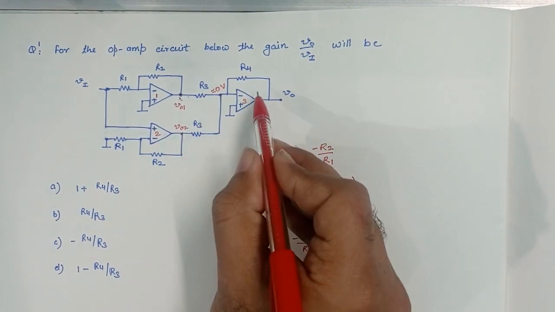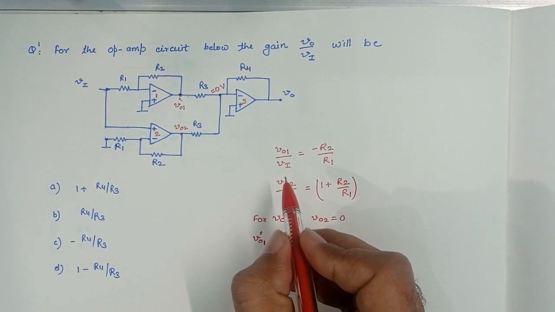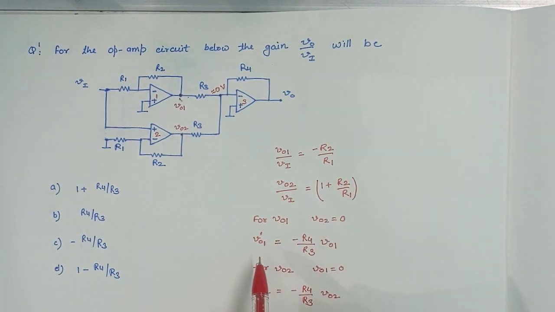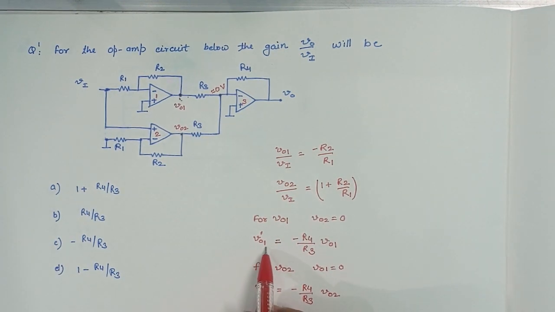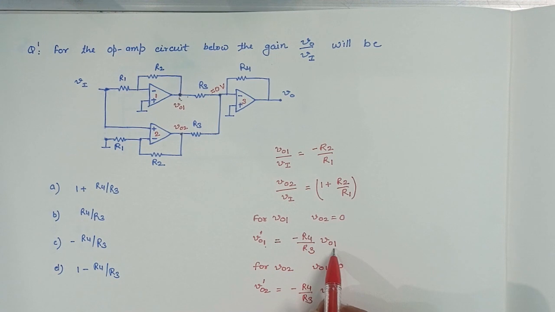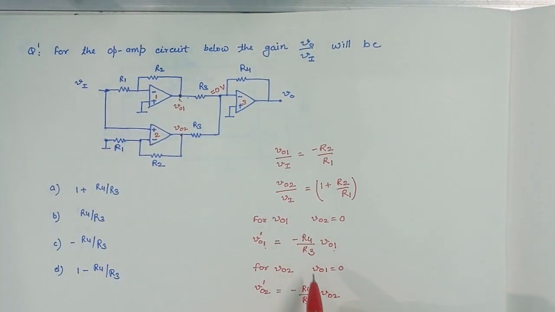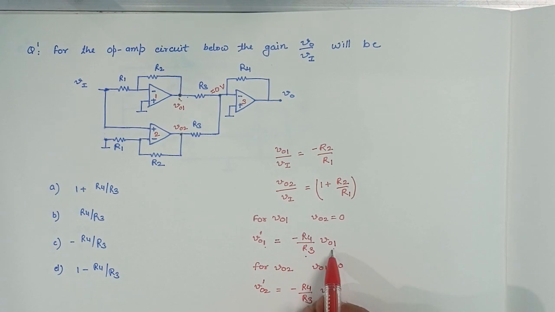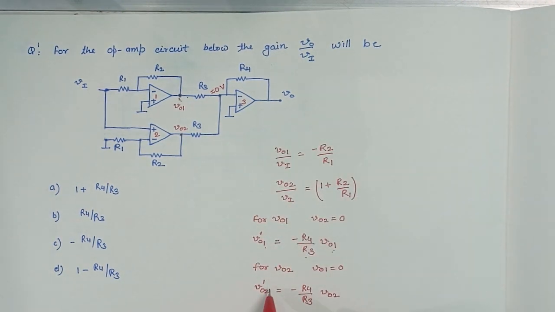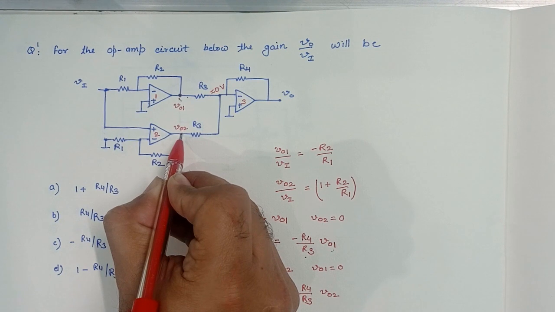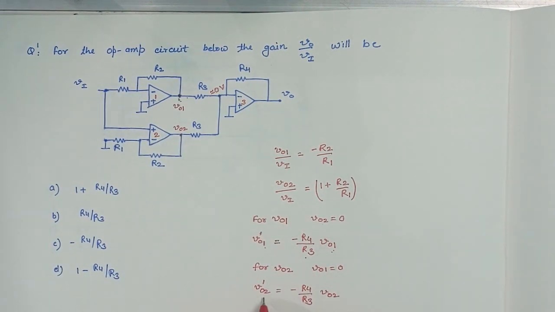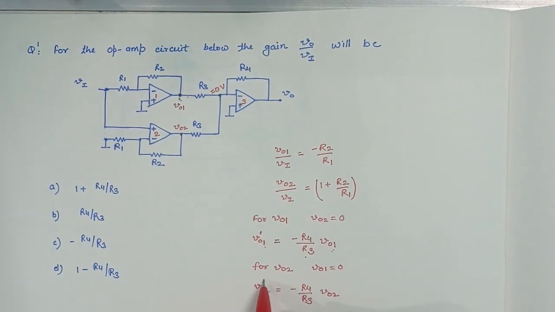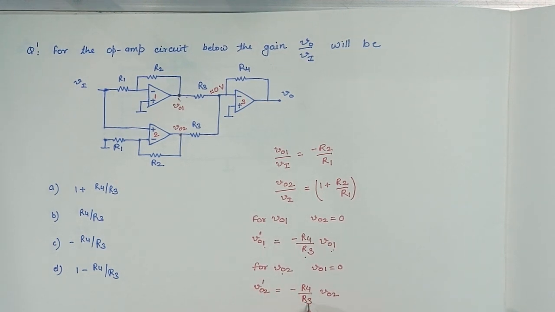Again the op-amp will be in the inverting feedback configuration. Accordingly, the output due to V01 as an active voltage will be equal to minus R4 by R3 times V01, and for the other voltage, the output due to V02 will be equal to minus R4 by R3 times V02.